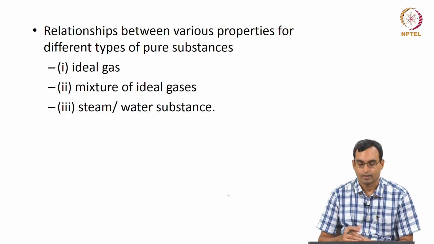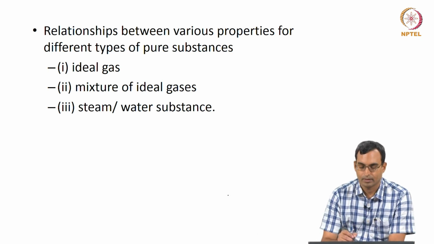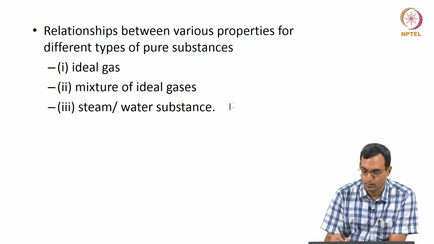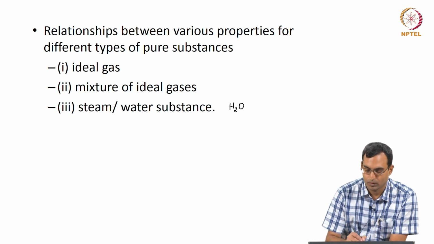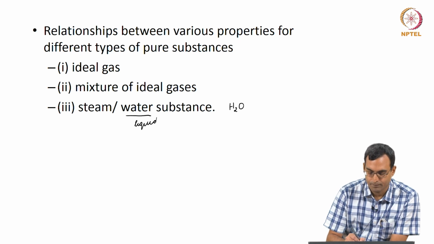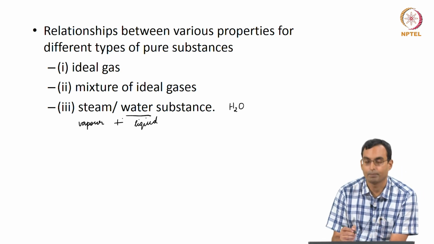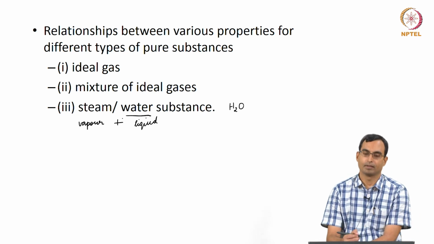A third case we can deal with is where we have one substance, in this case H2O molecules, which are in both liquid phase, which we call water, and in vapor phase, which is what we call steam. So, we can look at vapor and liquid mixtures of one substance.